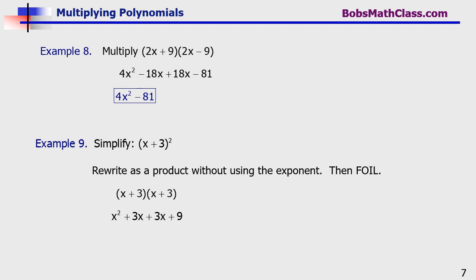So we're going to add the two middle terms. X squared plus 6x plus 9. There's actually a formula for this kind of problem, but it's easier just to multiply it out. The formula would be called the square of a binomial.